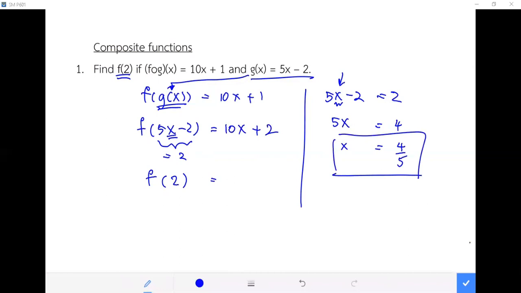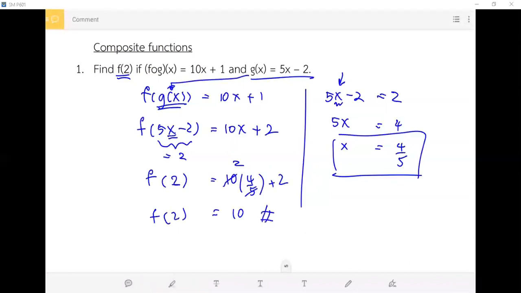So you put 4 over 5 in your 10x plus 2. 10 times 4 over 5, and then plus 2. 2 times 4 is 8, 8 plus 2 is 10. So f(2) is 10. Very easy. Finished. You try to make it fast, okay? Because your time is very limited.